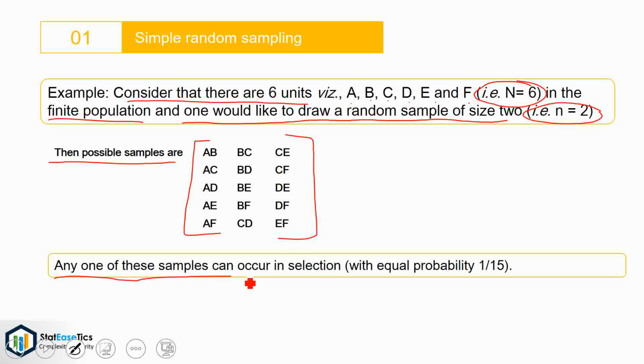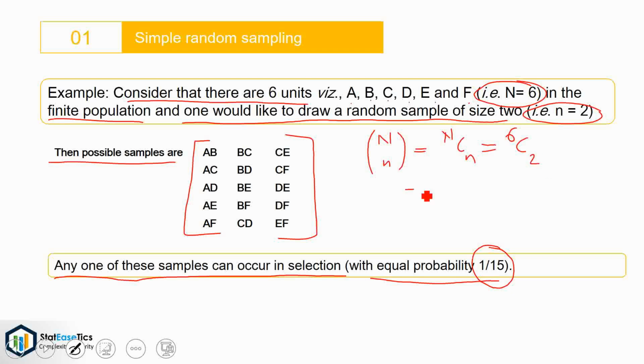Any one of these samples can occur in selection with equal probability 1 by 15. As we saw, the total number of possibilities is NCn, which is written as 6C2, which is equal to 6 factorial upon 2 factorial into (6 minus 2) factorial, that is 15.